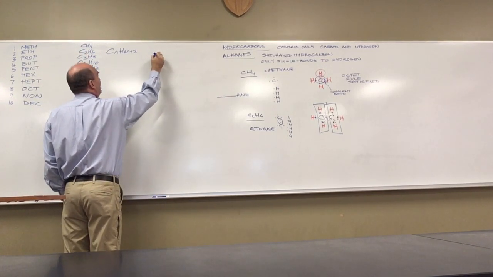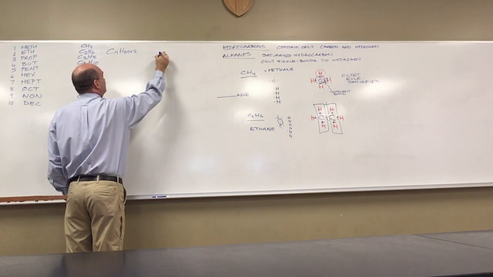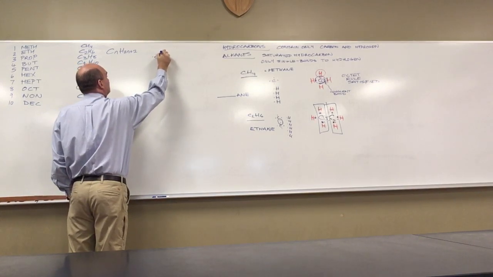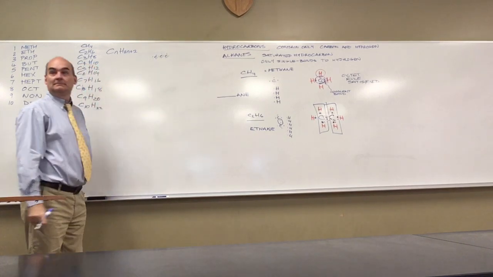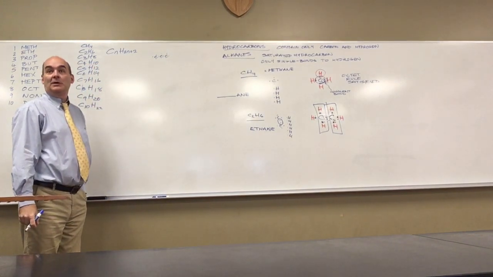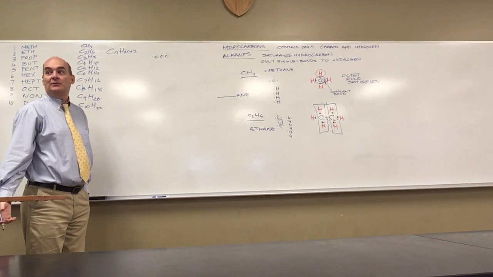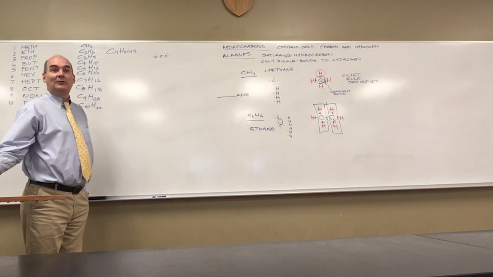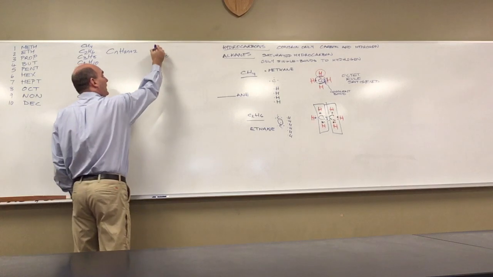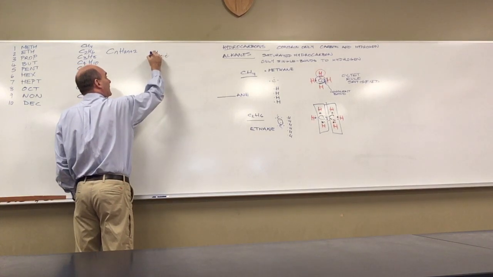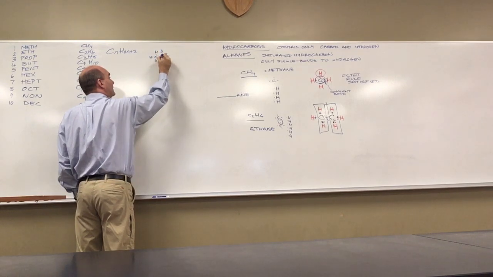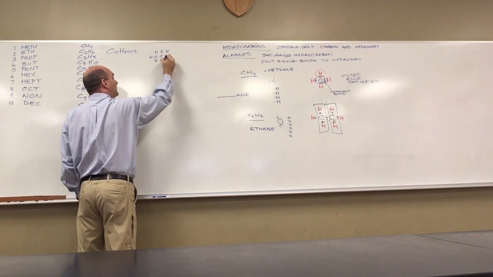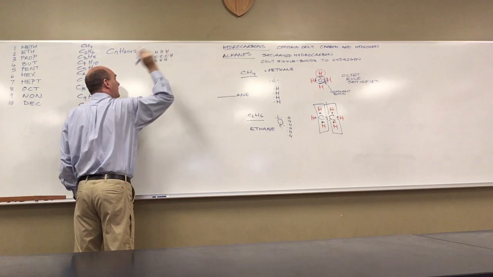So let's do the easy one. Right? I've got 3 carbons. They each have 4 electrons. They have to be bonded to each other, and then I put a hydrogen here, and a hydrogen here, a hydrogen here, a hydrogen here, a hydrogen here, a hydrogen here, and a hydrogen there.